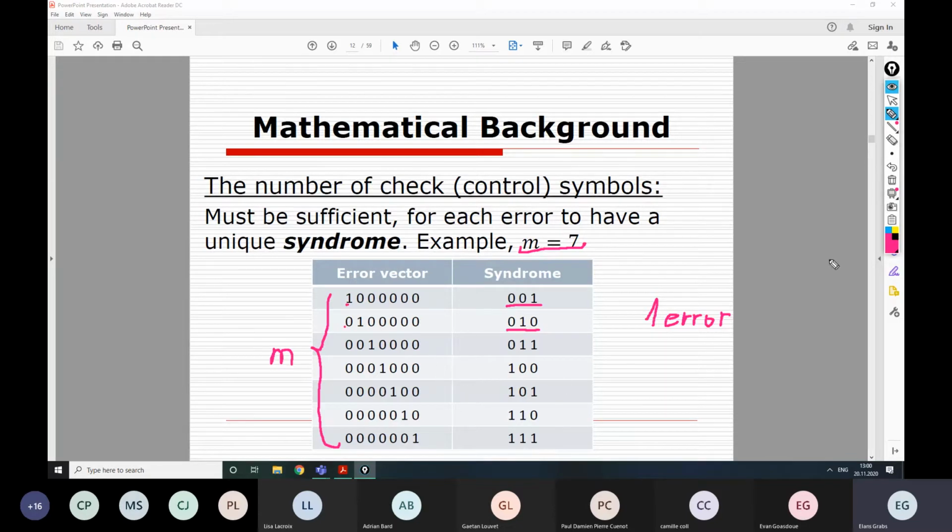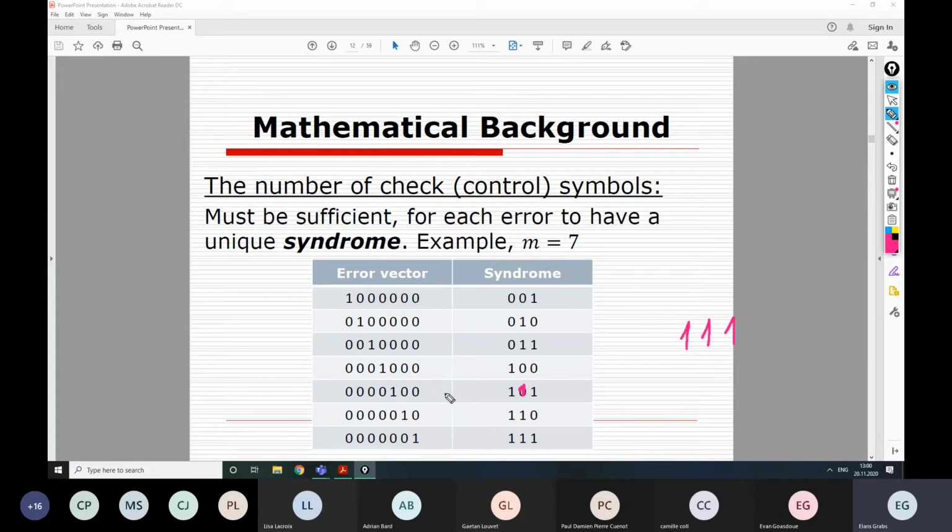If, however, for example, assume that we happen to have the same syndrome for 2 different errors. In this case, it would be impossible to tell where the error has happened, because during the decoding procedure, we calculate the syndrome. So we have calculated the syndrome, and the syndrome says 1, 1, 1.